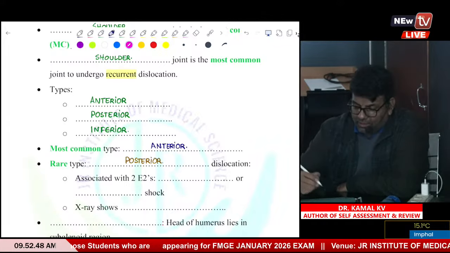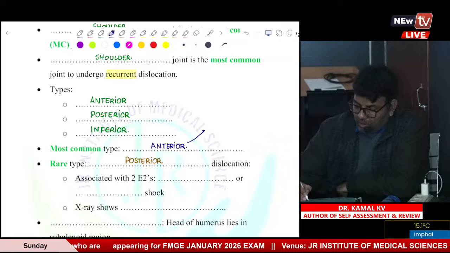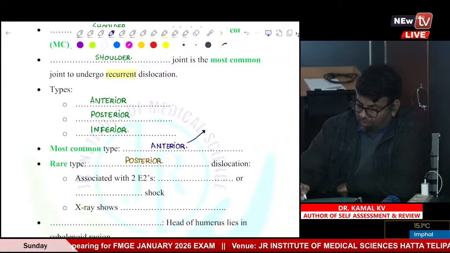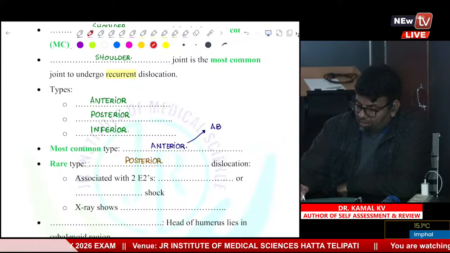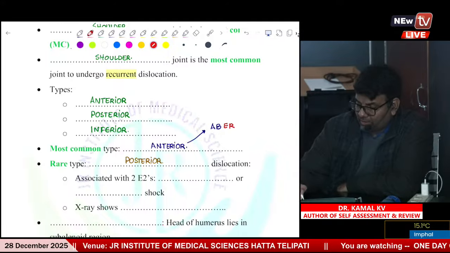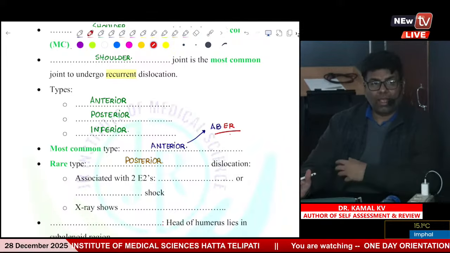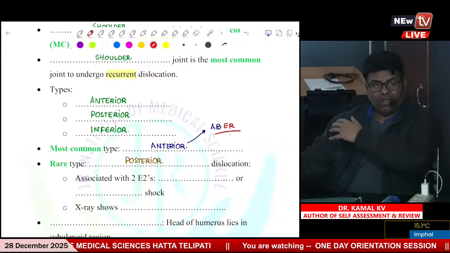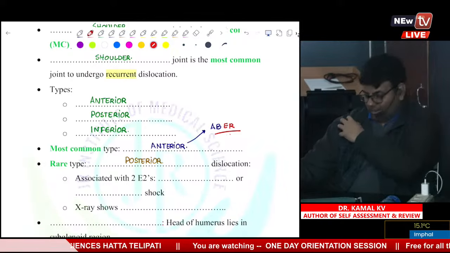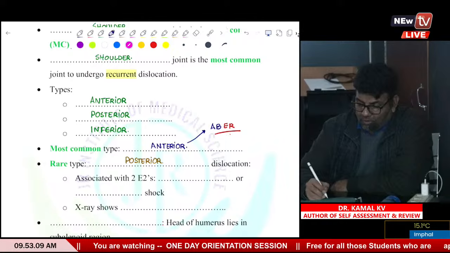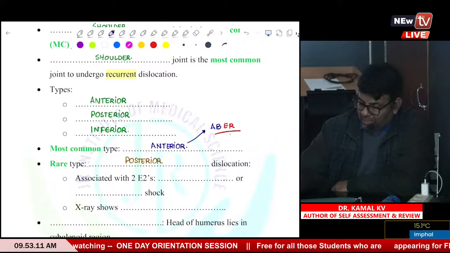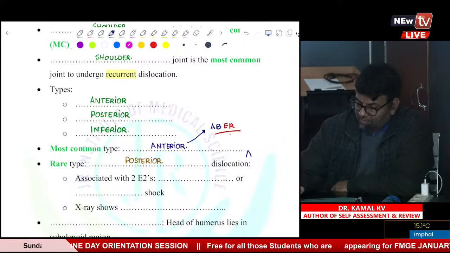For anterior, the usual posture of the upper limb is abduction, external rotation, right? Abduction, external rotation, and if there is a push from behind, the head of humerus will come out. And therefore, if I ask you about posterior, just reverse it, right?